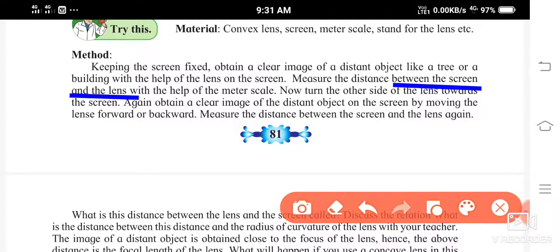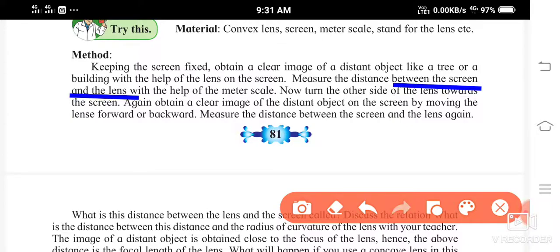Again obtain a clear image of the distant object on the screen by moving the lens forward or backward. Measure the distance between the screen and the lens again.